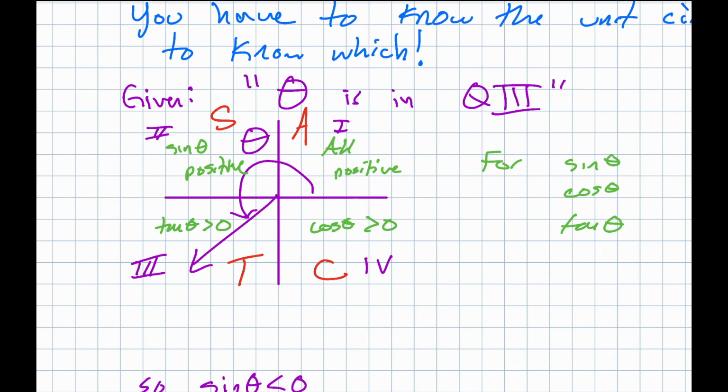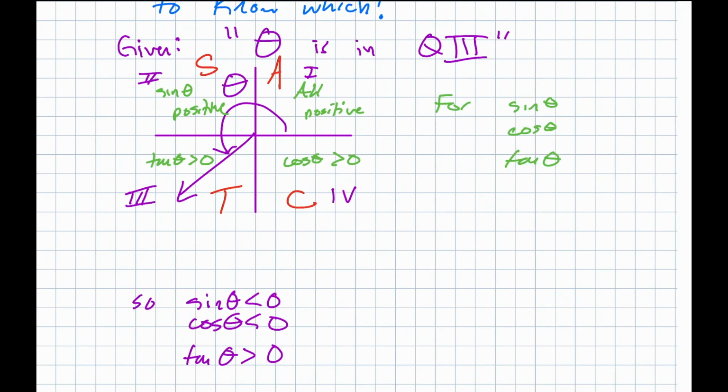Tangent, cosine, T, C. Normally they have an acronym like all students take calculus, or something like that. Anyway, you got to know what trig functions are positive in which quadrant.